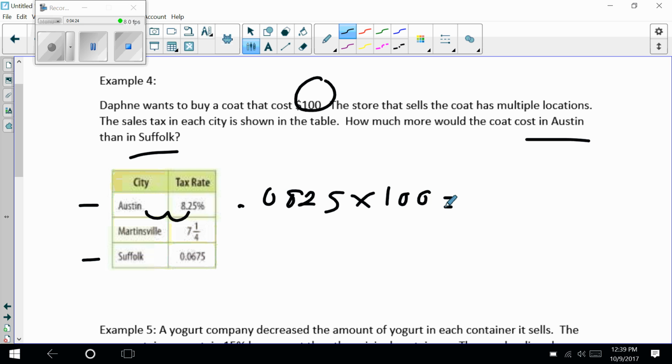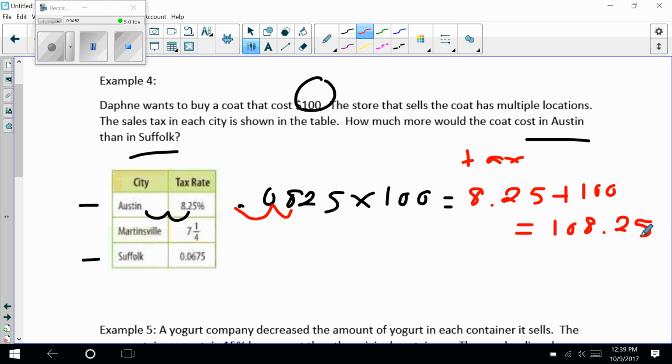So, now remember when we just talked about multiplying and dividing by 100. The shortcut way when multiplying any decimal by 100 is to move the decimal place 2 places to the right. That means that my tax is going to be $8.25. And then I'm going to add that to my original cost of $100. And I'm going to get a total cost of $108.25.